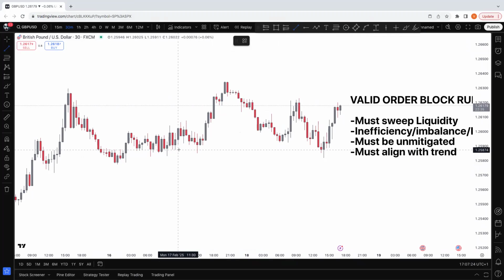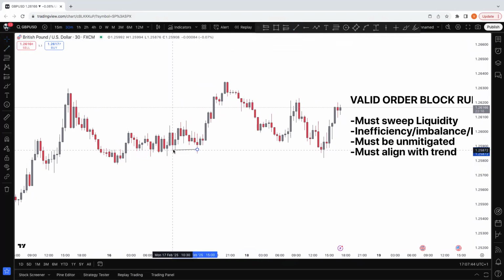Now, what is a sweep of liquidity? It's a situation where price takes liquidity, where price takes the stop losses of traders before moving. Look at this zone, for example. Before this order block was formed, you saw that price took out liquidity here, the stop losses of some traders.